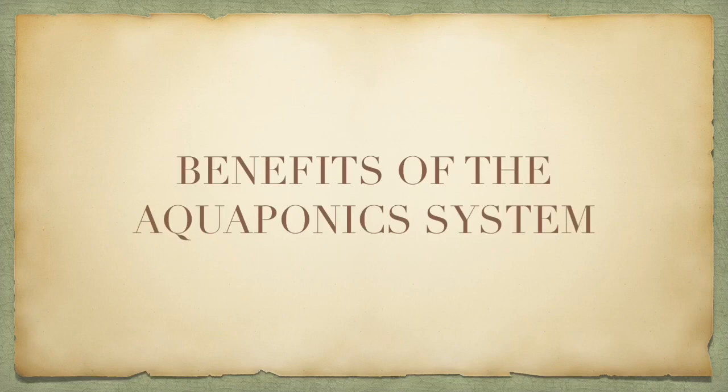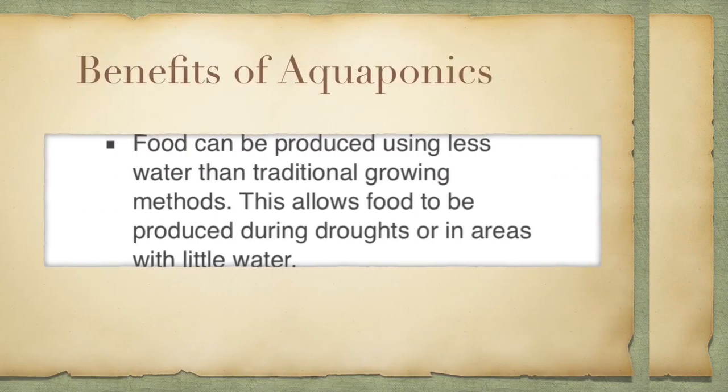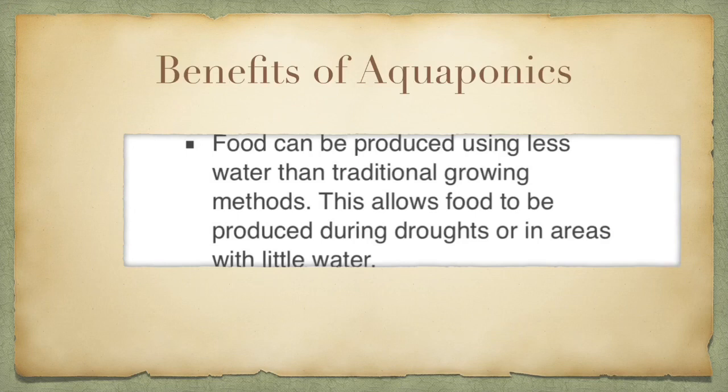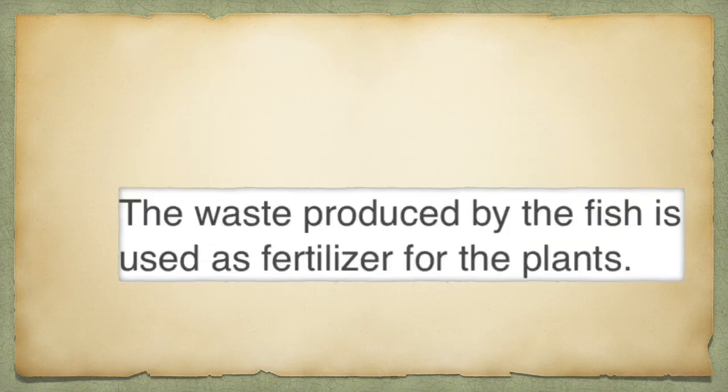Alright, so now we're going to look at some basic benefits of aquaponics. So our first basic benefit that we will look at is water conservation. By practicing aquaponics, you'll use less water as opposed to if you were to use another traditional farming method. Another benefit of the aquaponics system is waste produced by the fish is used as fertilizer for the plants.